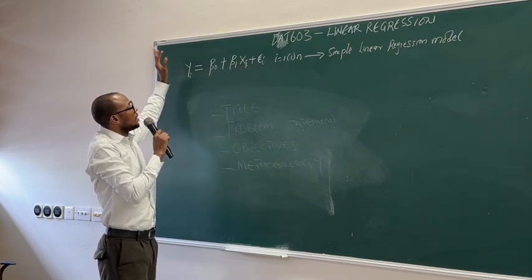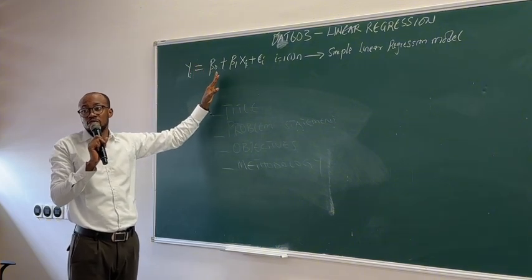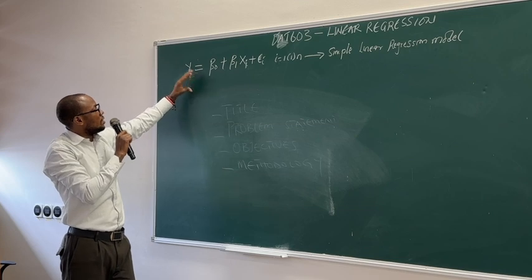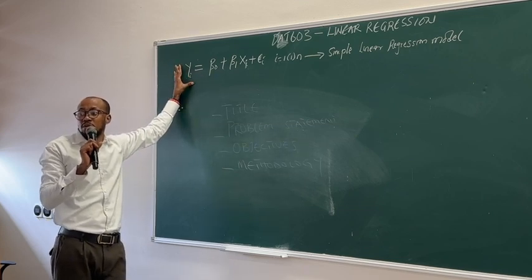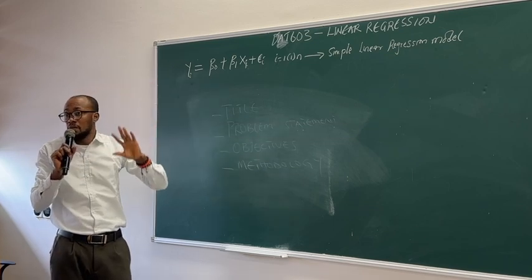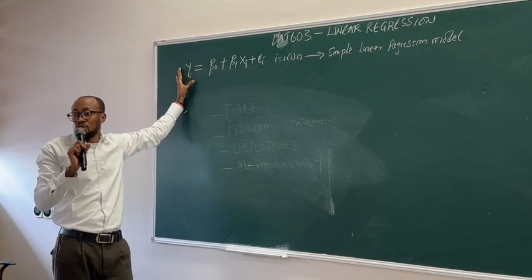Now, in this model, there are some things that are very important to take note of. On the left side of the equality, we have the response variable. This is usually the variable that we are trying to study changes in. For example, y could be consumption.